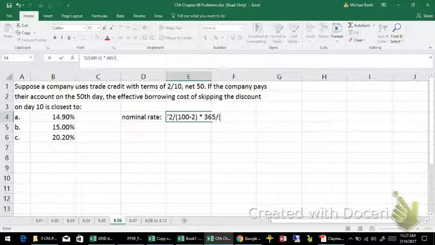In this case, the total trade credit period is 50 days, but we take out the 10-day period because that was free. So essentially your loan's from day 11 to day 50, and that's only 40 days.